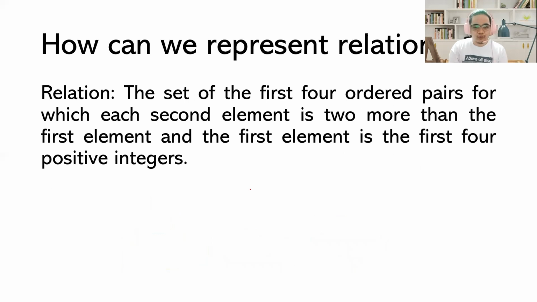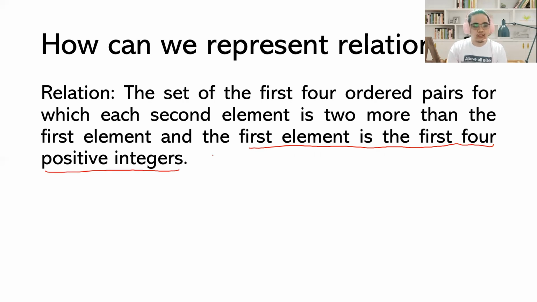So how can we represent relations? Let's say we have the relation, the set of the first four ordered pairs for which the second element is 2 more than the first element, and the first element is one of the first 4 positive integers. Here, we already know that the first elements are the first 4 positive integers.